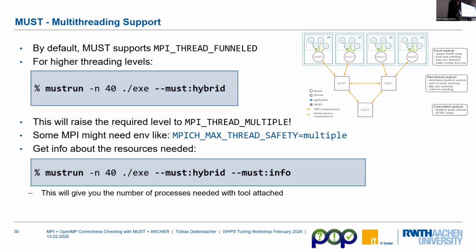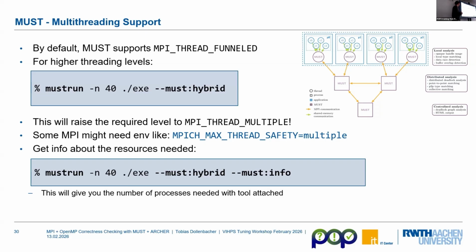All right. So we also provide multi-threading support. You might know MPI does not only offer single-threaded, but there's thread-aware MPI. Usually by default we only support thread funneled, so only one of the threads per MPI rank is communicating.